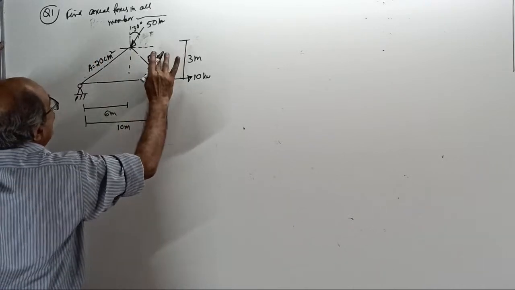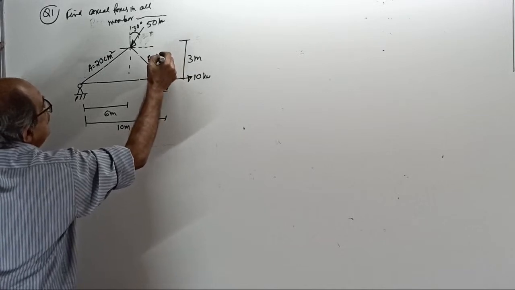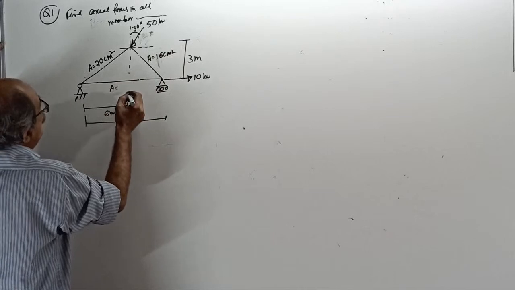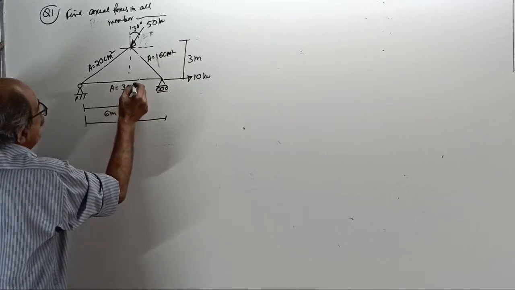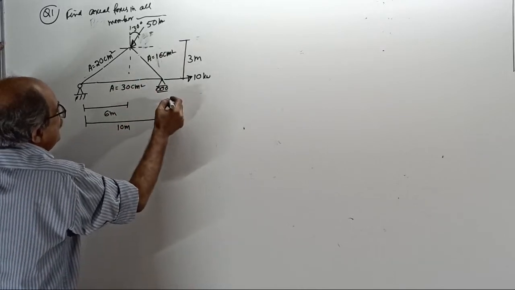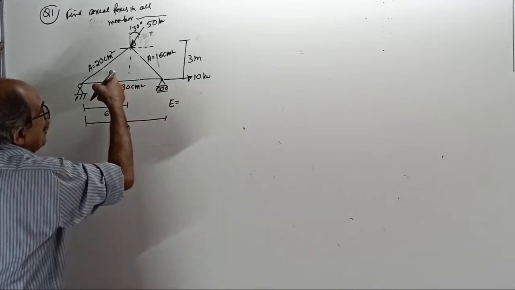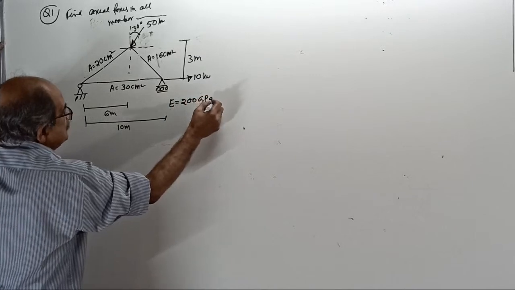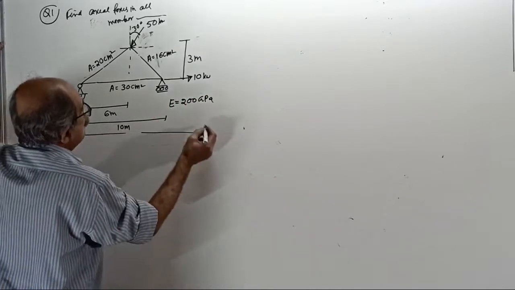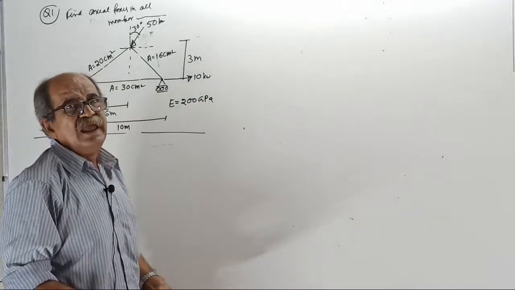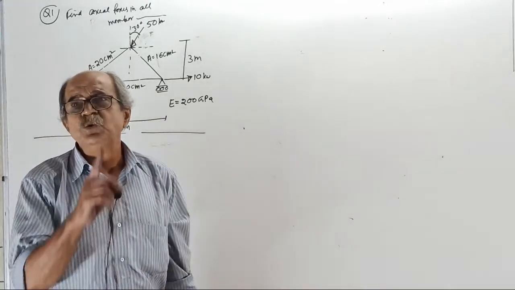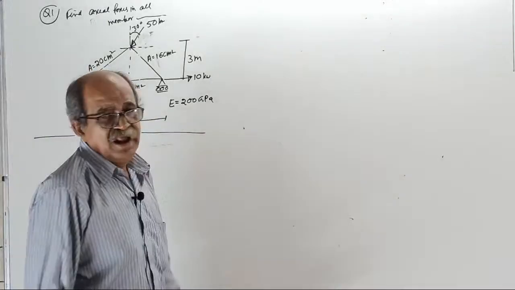For this member area equal to 16 centimeter square. For this member I will give area equal to 30 centimeter square. Then in the question I will give E for the material as 200 GPa. This is the question. To find the force in the member, I need only half a minute for this one. But you need 2 classes. Question clear?